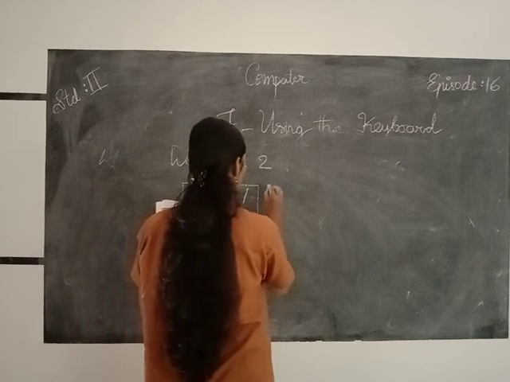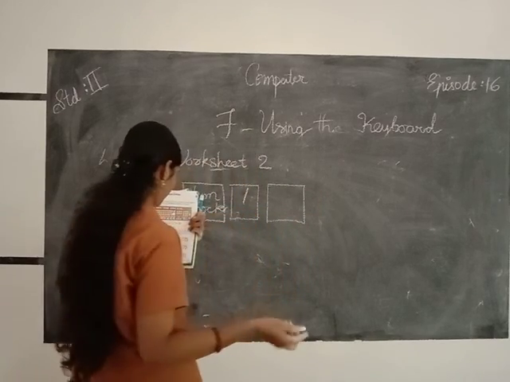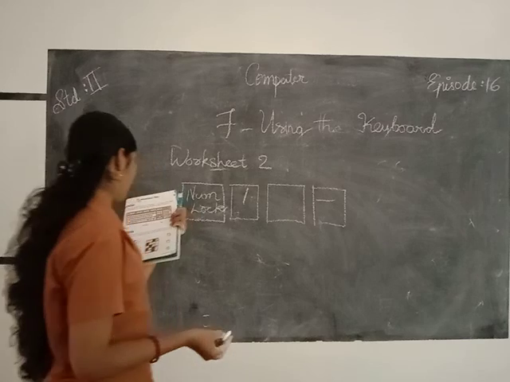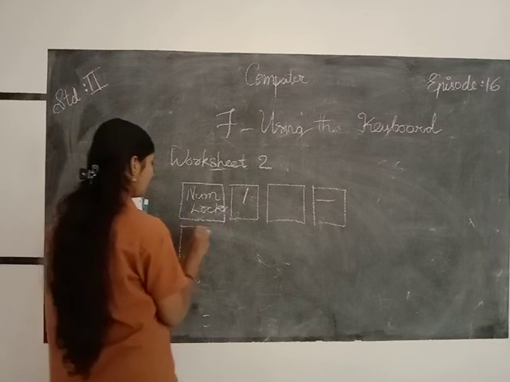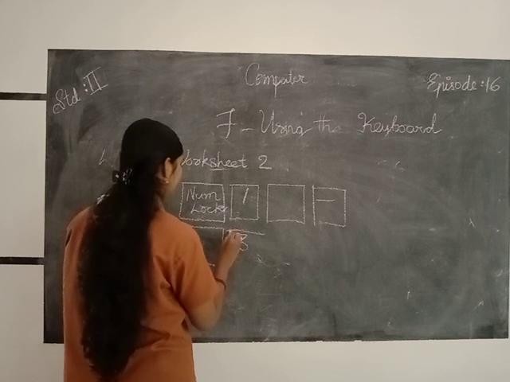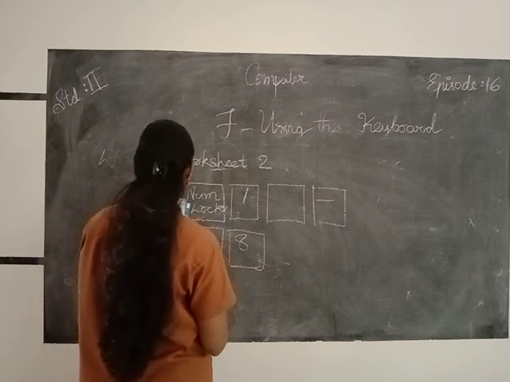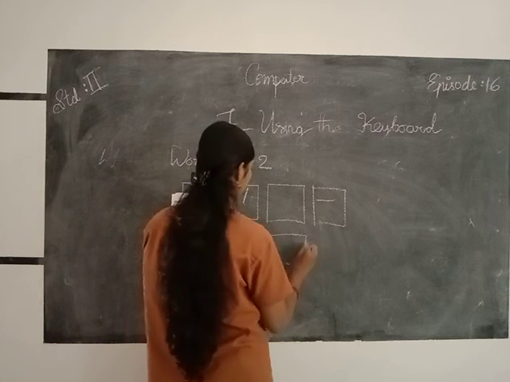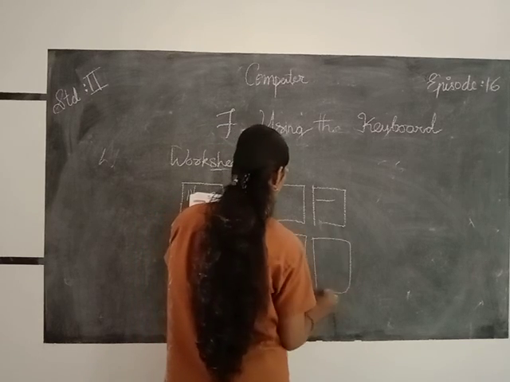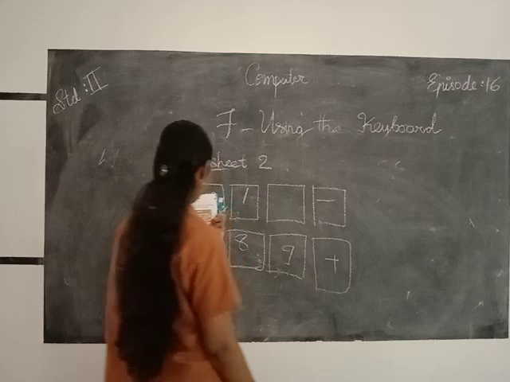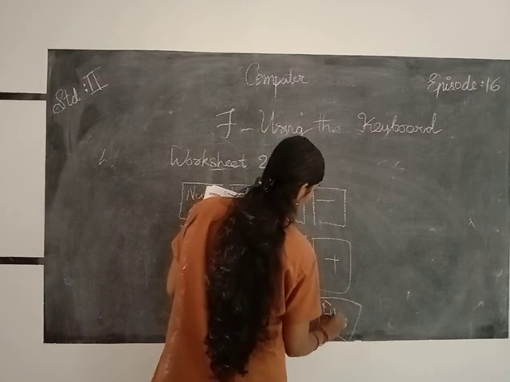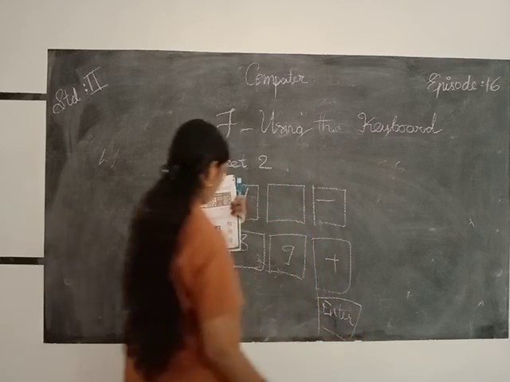Then there is a gap. After that, minus symbol. Then there is another gap. Then 8, then 9, then plus symbol. Then enter key.